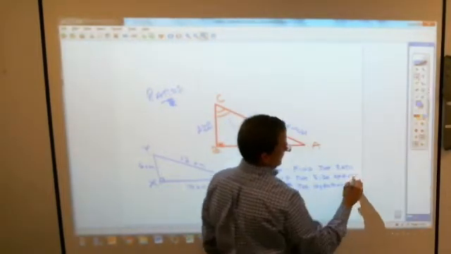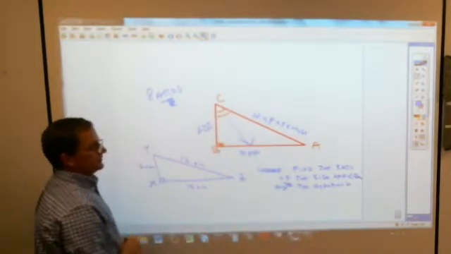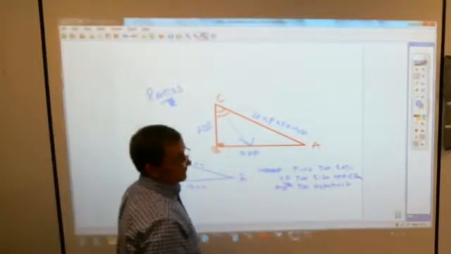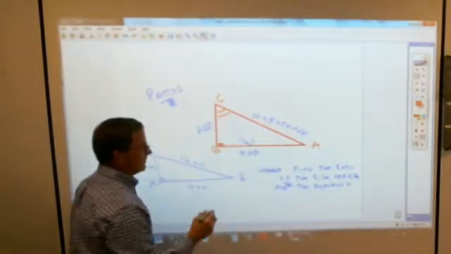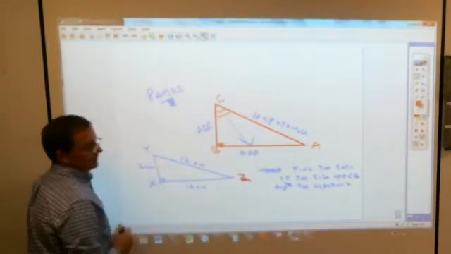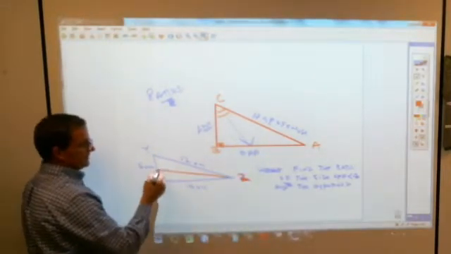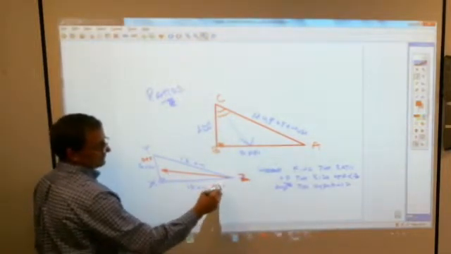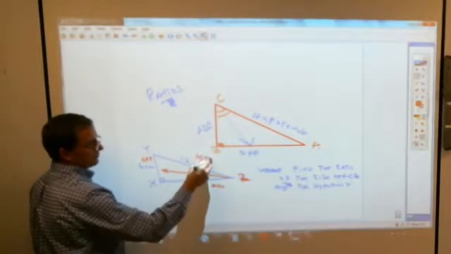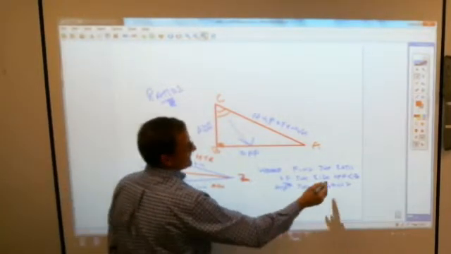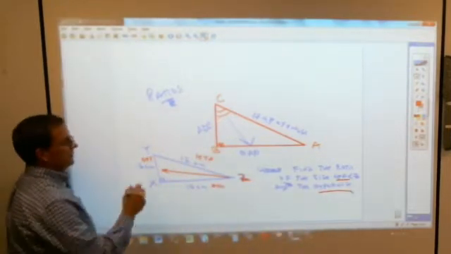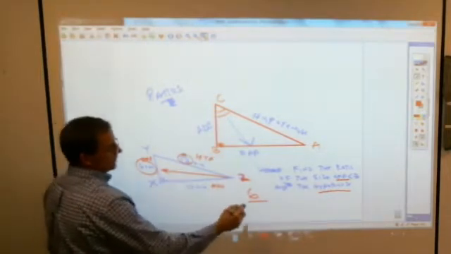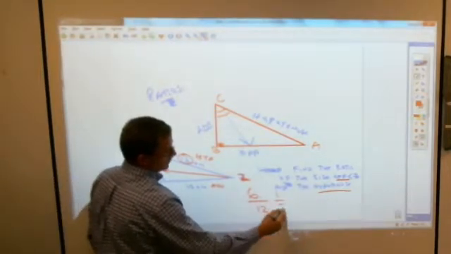The first thing you have to establish is what angle you are talking about. I'm talking about angle Z. So right away I know that this side is the opposite side, this side is the adjacent side, and this is the hypotenuse. If I'm looking for the ratio of the opposite to the hypotenuse, here's my opposite, 6, and here's my hypotenuse, 12. So the ratio is the fraction 1/2.